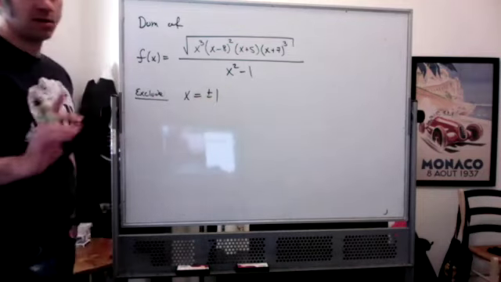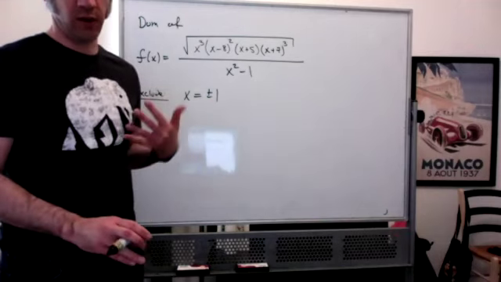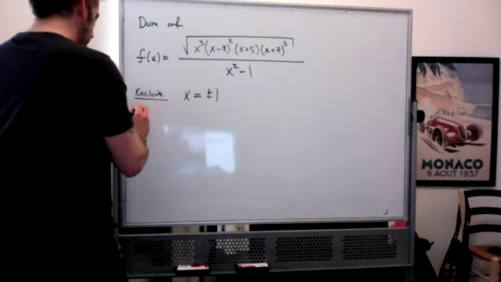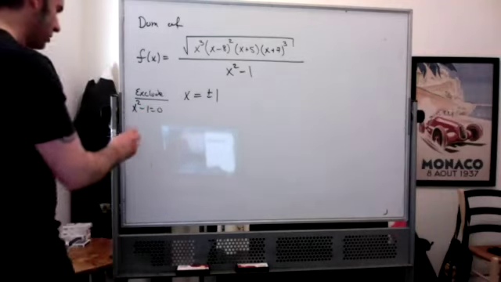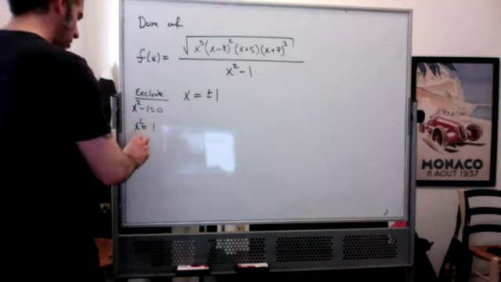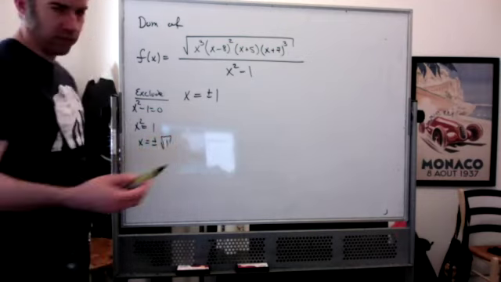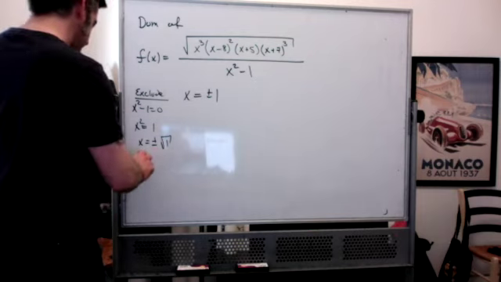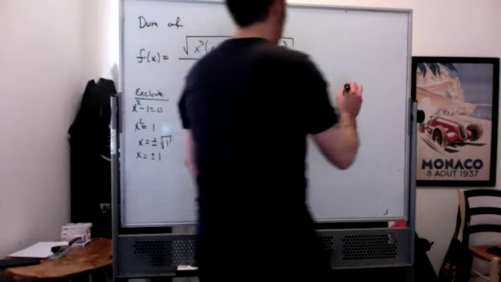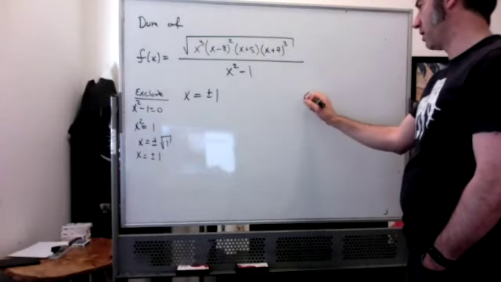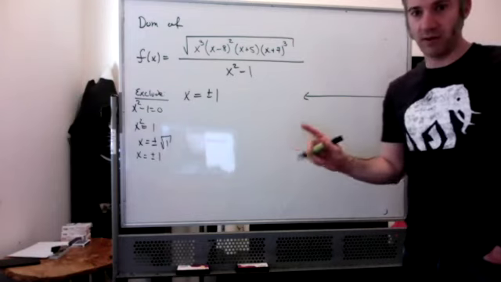The square root of 1 is just equal to +1, but the solutions to x squared minus 1 equal to 0 are both plus or minus 1. So x squared equal to 1 gives x equal to plus or minus the square root of 1, and then the square root of 1 is just 1 itself. So we're excluding those values. We already know we don't want 1 and -1, but I'm not going to write those on there yet.